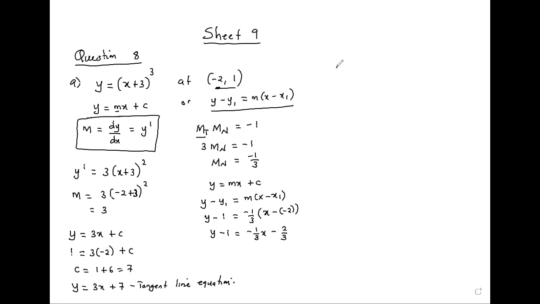So we have y is equal to -1/3x minus 2/3 plus 1. So we get y is equal to -1/3x plus 1/3. So this is the normal line equation.